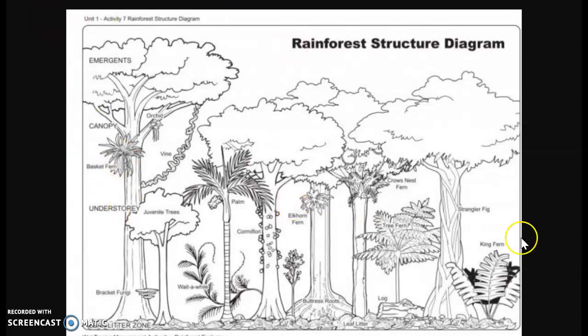Trees are often evergreen, not only because of the amount of rainfall and sunlight, but also because of the rapid cyclic rate of absorption of nutrients from the leaf litter and the remains of animals or even plants. You can see this log at the bottom. Sometimes tree branches fall and are quickly decomposed by detritus feeders like earthworms and snails, and also the fungi, which break them down quickly.